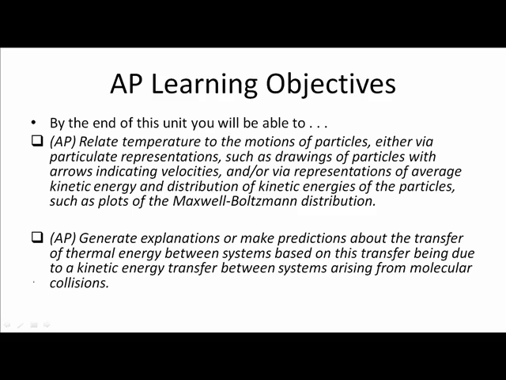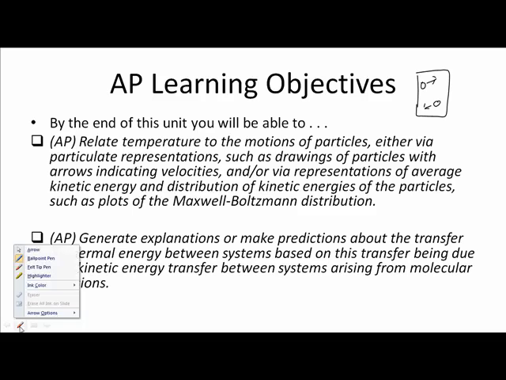Yeah, so in the problem set, you had a problem where I gave you different drawings with little particles, with arrows, that kind of thing. That would be particulate representation, such as drawings of particles with arrows indicating velocities, and or representations of average kinetic energy and distribution of kinetic energies.